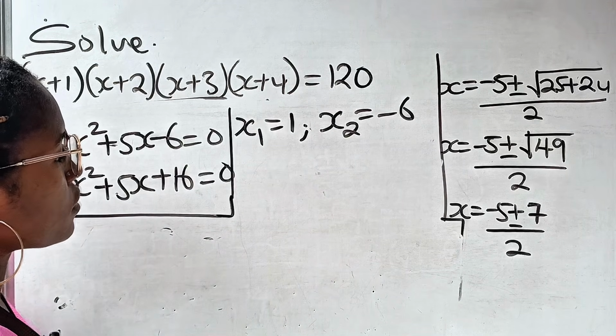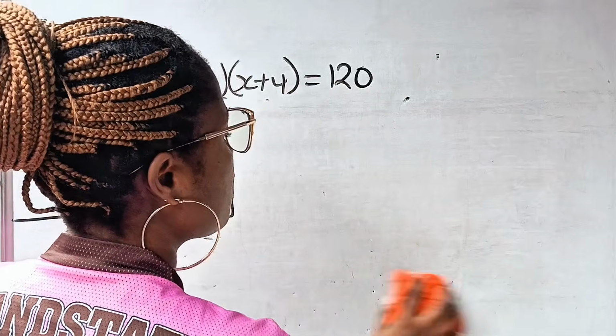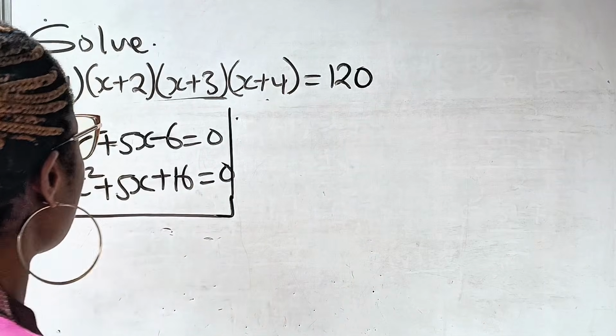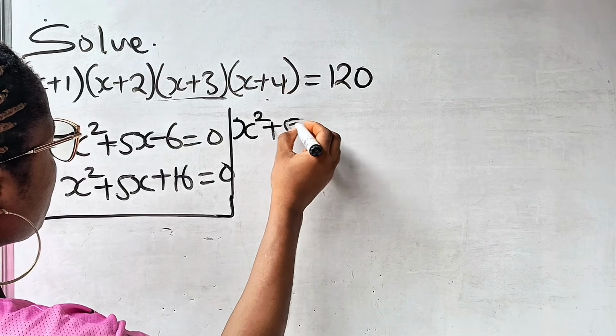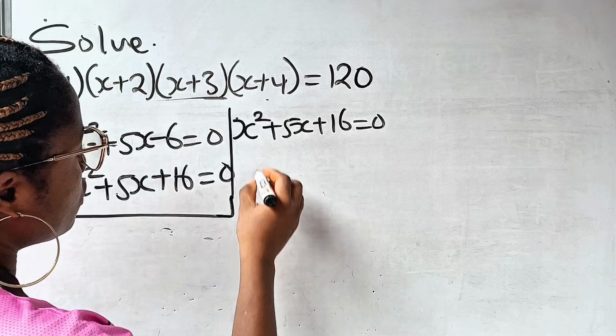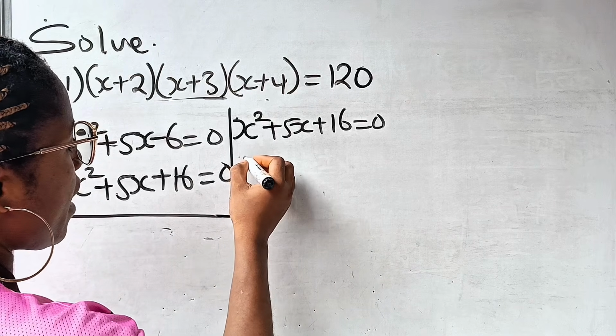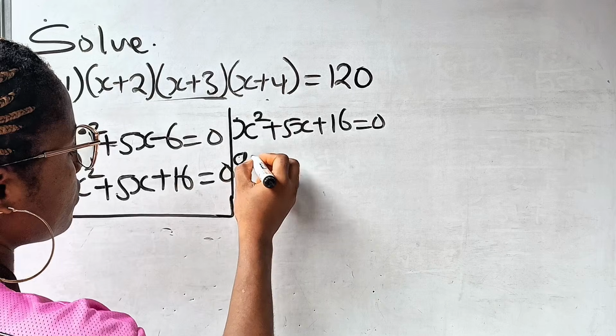So we are done with the first one. Now, let's solve the second. The second equation says that x squared plus 5x plus 16 is equal to 0. So our a is 1, our b is 5, and our c is 16.